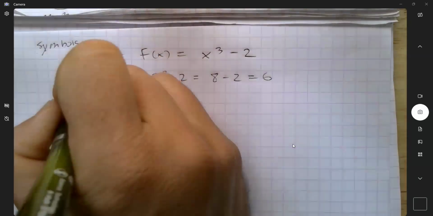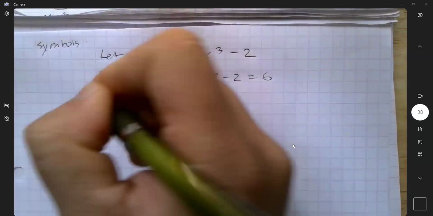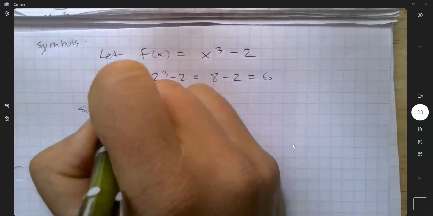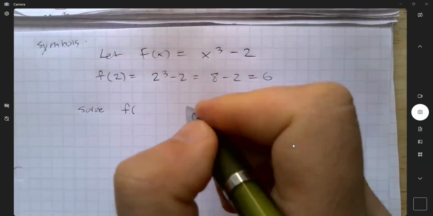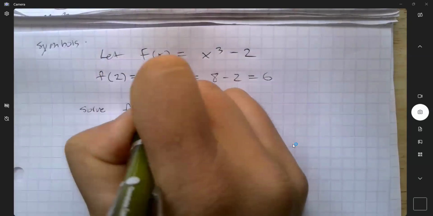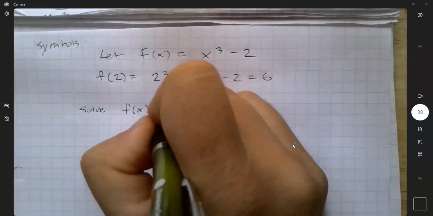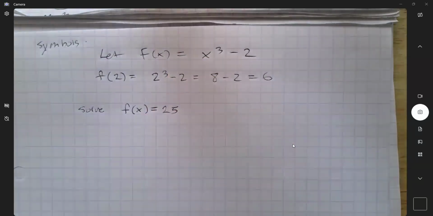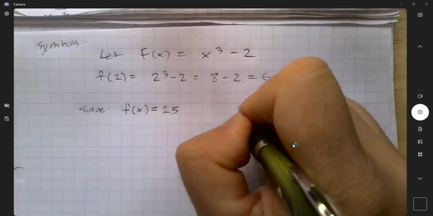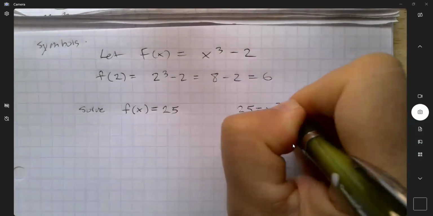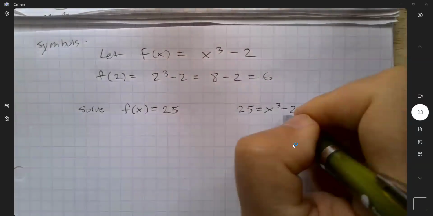I can also solve. Let's solve f of x equals 25. And so what we would do is we'd say 25 must equal x cubed minus 2.